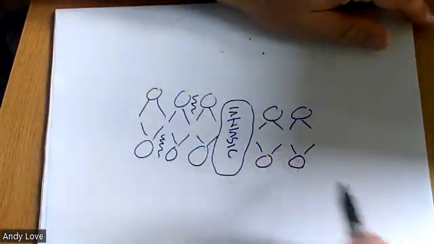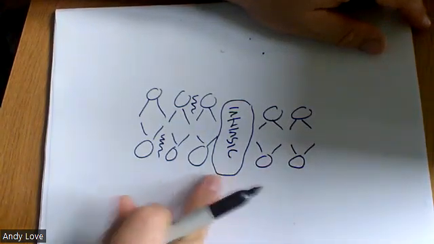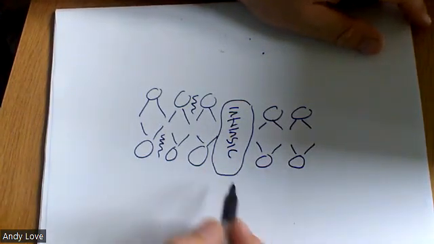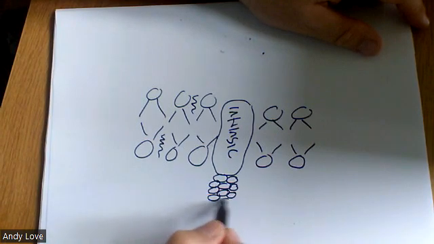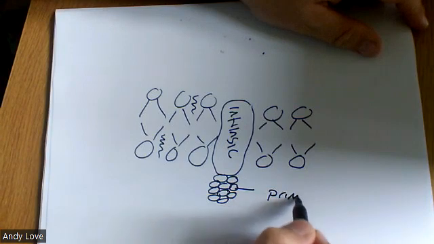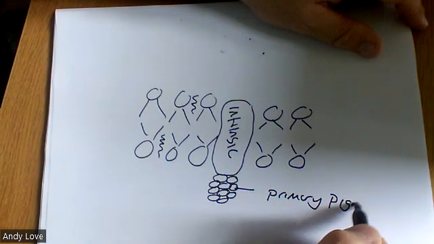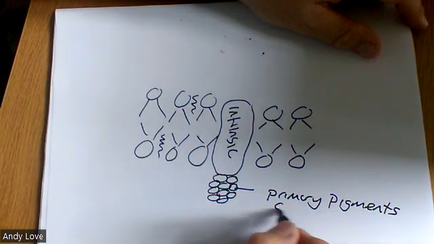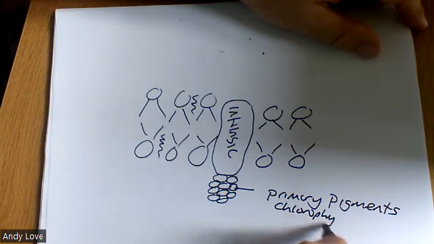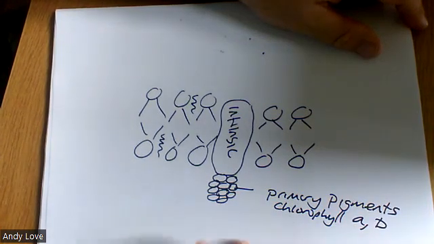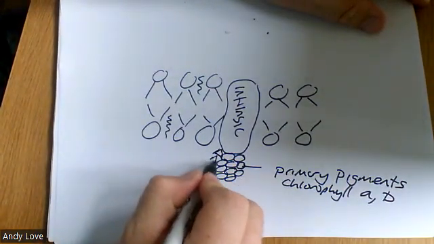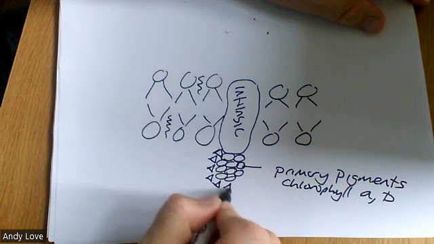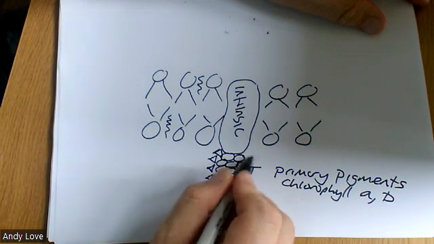Underneath these intrinsic proteins on the thylakoid, you've got primary pigments like chlorophyll. You get chlorophyll A and chlorophyll B, but there are many more. And surrounding the primary pigments, I'll draw them as little triangles, you've got accessory pigments.